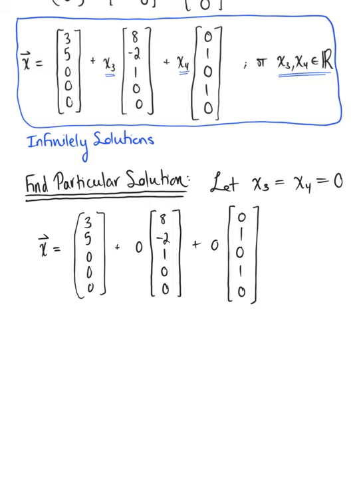And we know that a vector times a scalar multiple of 0 goes to the 0 vector both times. Woohoo! So we can say, therefore, vector x, one particular solution to this system, is the constant vector 3, 5, 0, 0, 0.